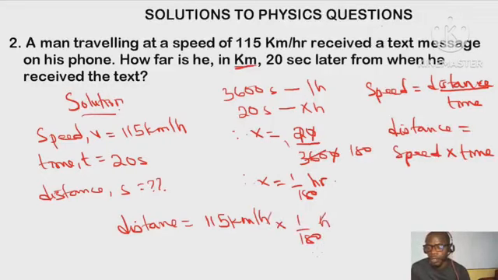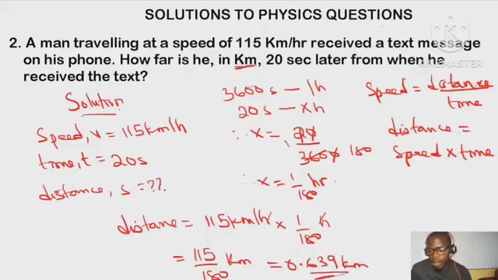So the hour will cancel the hour here. So what we have left is going to be 115 divided by 180 in kilometers. So you can leave the answer this way, or you express it in decimal, and that's going to give us 0.639 kilometer. And that's how we solve the question. Hope you understand that. Let's see what we have in the next question.